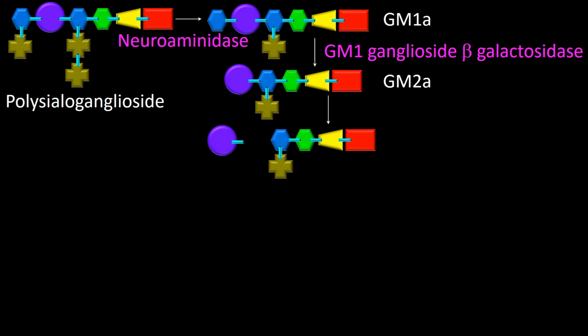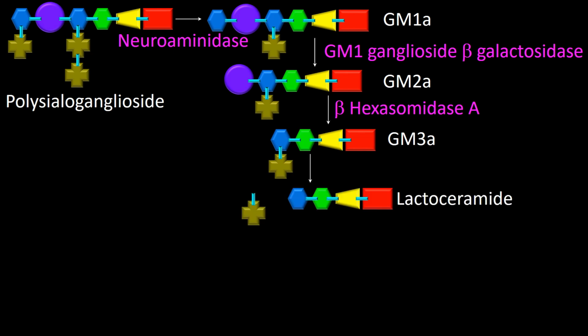Next, the loss of an hexosamide creates a compound that is called GM3A. This is done mainly by beta hexosaminidase A. Then, with the loss of a sialic acid, the compound becomes lactocerebroside and no longer can be called a ganglioside.